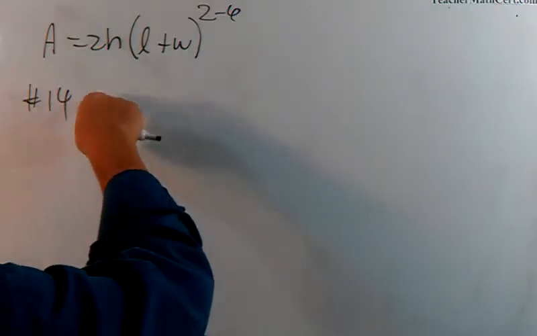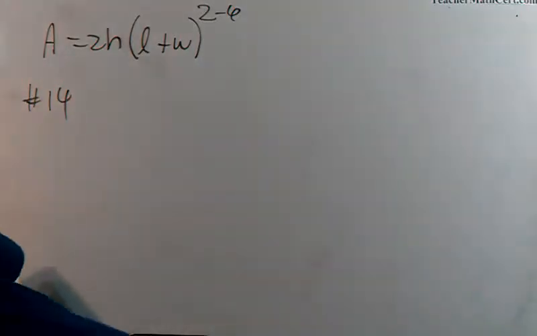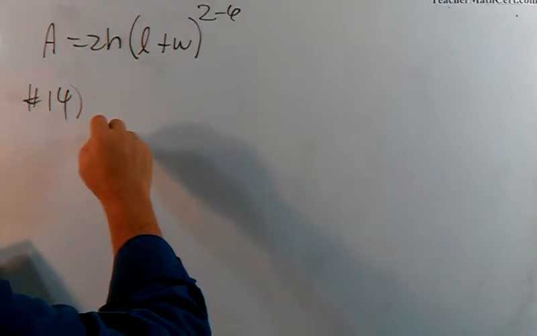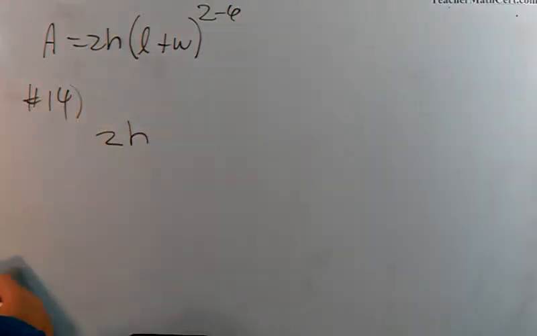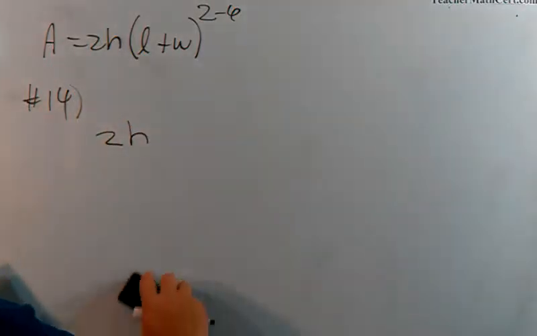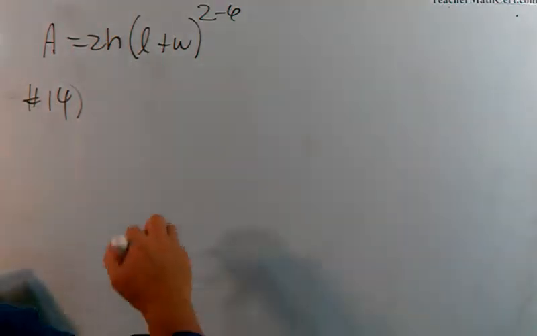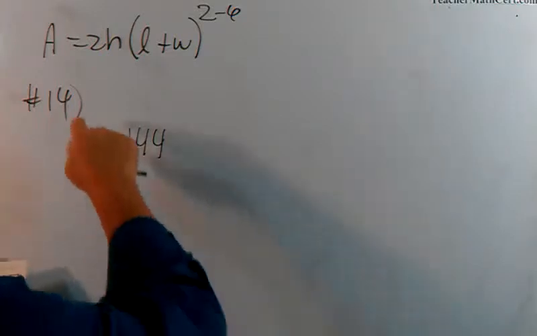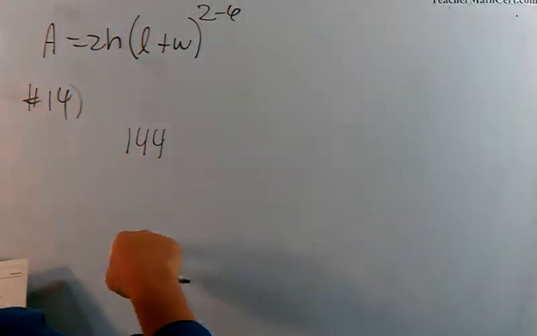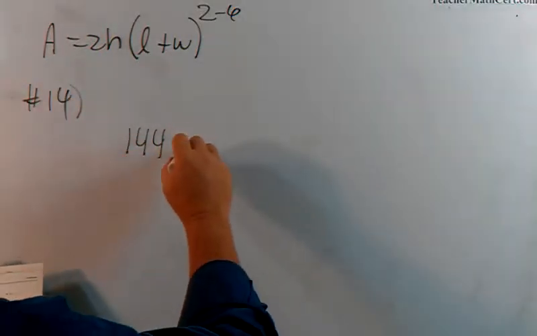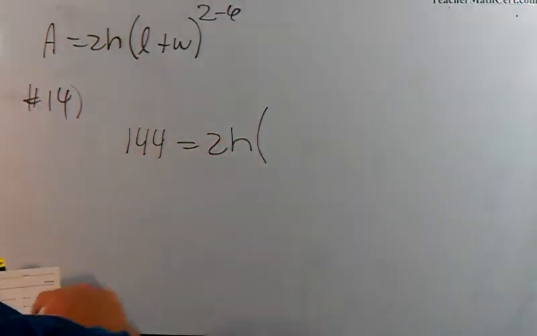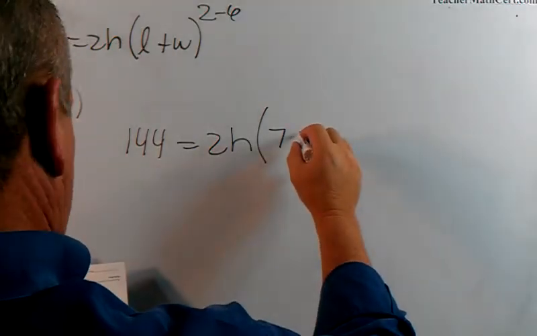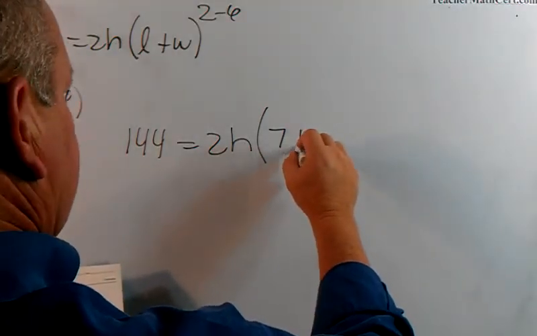Okay, it says we want to find H, so we've got 2H, and they're saying that 144 is A. We're solving for H, and they're saying that L is 7 and W is 5, plus 5.